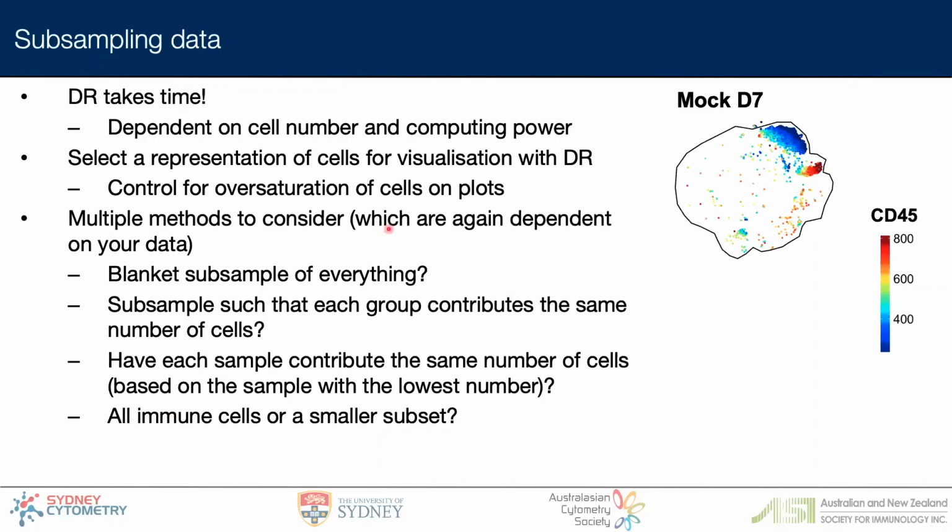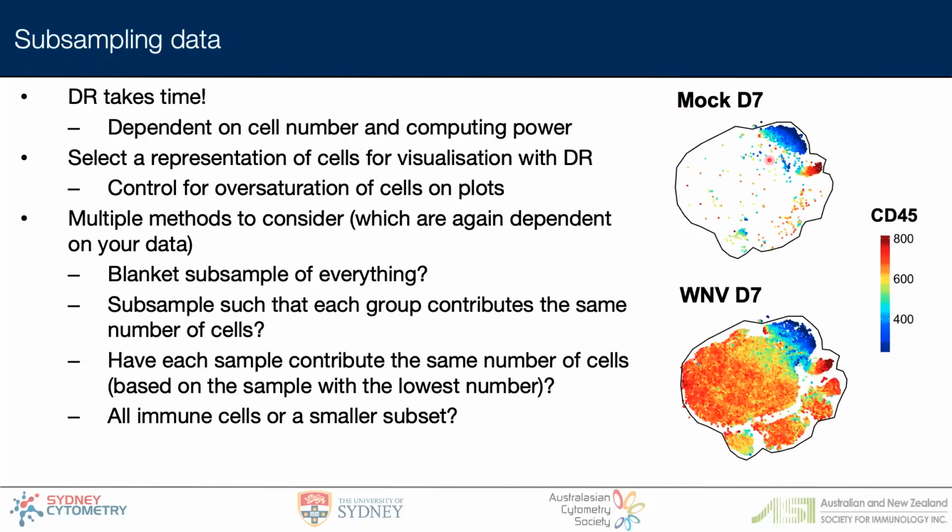And again, this is some data from Tom that he shared, and I think it's such a perfect case study for this. So essentially, we're just looking at cells within the brain of either uninfected or infected mice. And what I hope is super apparent is that there's a huge cell infiltration within the brain of infected mice compared to uninfected. So if you did a blanket subsample from here, you may not be getting many healthy cells.